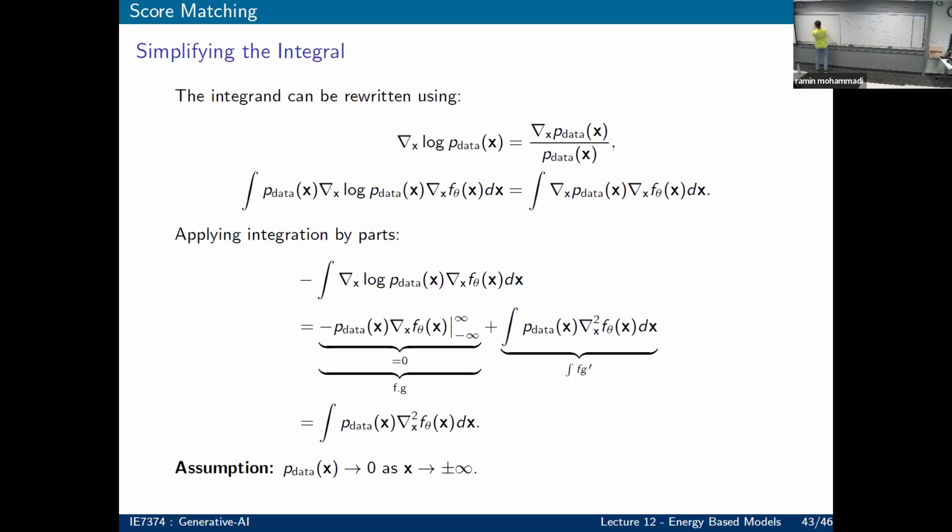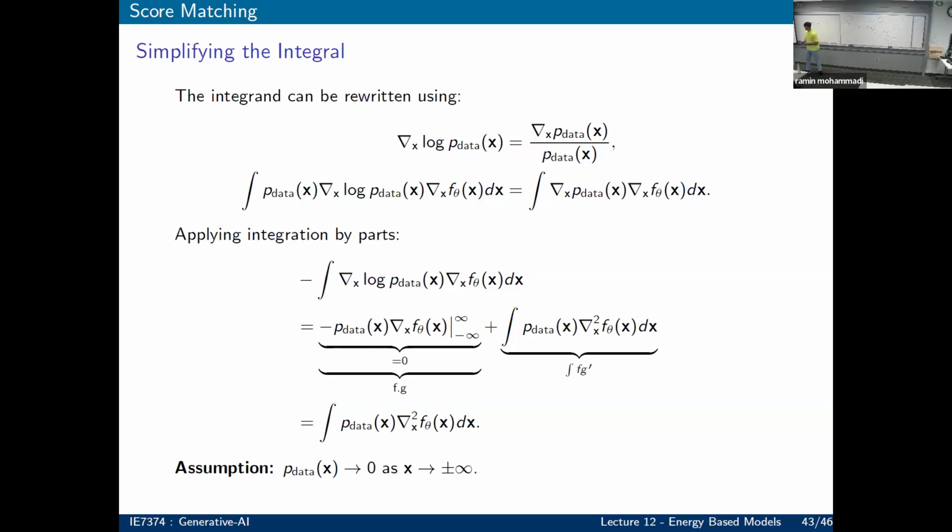Because this is a log and gradient, you have the gradient of P data x over P data, correct? So pick this term and put it inside the equation instead of this. P data and P data in the denominator cancel each other, to end up with the gradient of x P data, gradient of f P data. So that's how the P data disappeared.